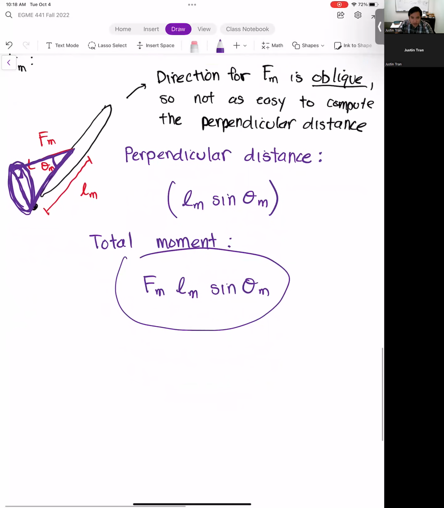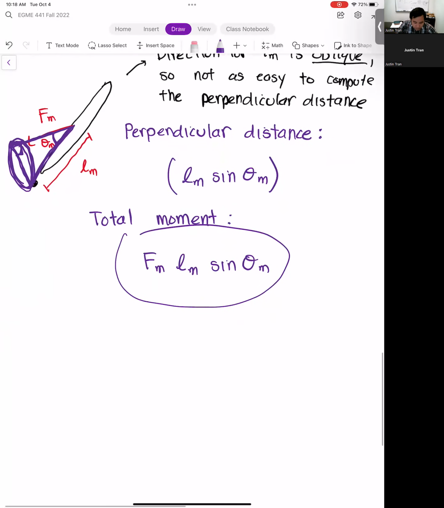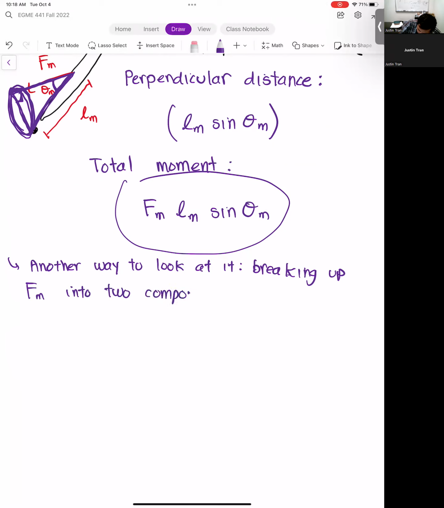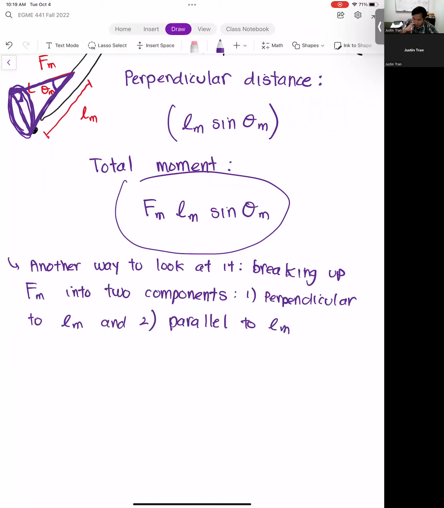But the way I taught in the class, and maybe this has been a little confusing for people, is that I break up the components for Fm into one that is along the Lm direction and one that's perpendicular to it.